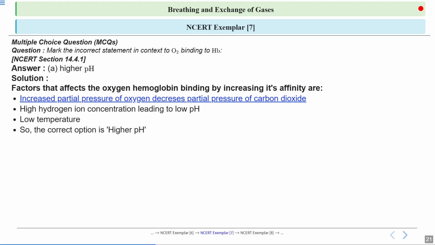So the correct option is higher pH, because the question was asked for the incorrect statement, right? So higher pH is not required, low pH is required. And the other things, increased partial pressure of oxygen, decreased partial pressure of carbon dioxide, and low temperature were also there in the options. So the incorrect one is higher pH. Let us move to our next question.